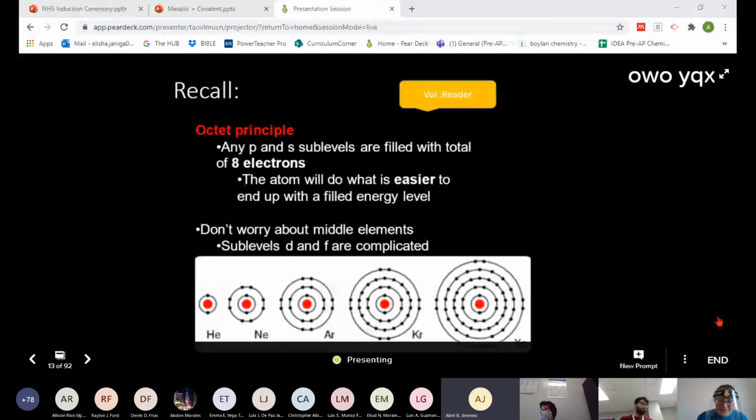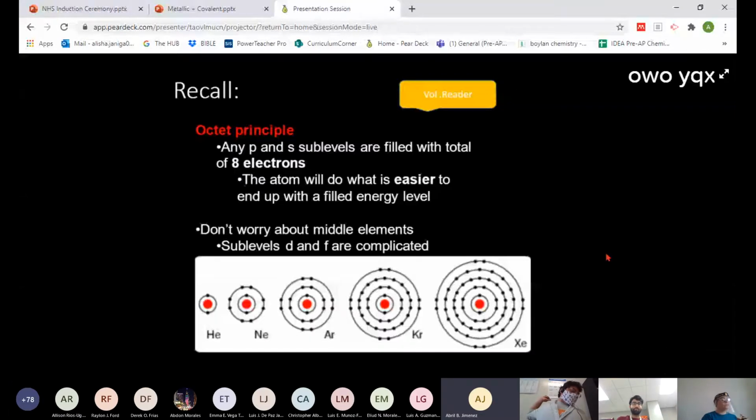You want to read that slide for me? Sure. Recall octet principle: any p and s sublevels are filled with a total of 8 electrons. The atom will do what is easier to end up with a filled energy level. Don't worry about middle elements. Sublevels d and f are complicated. Thank you.